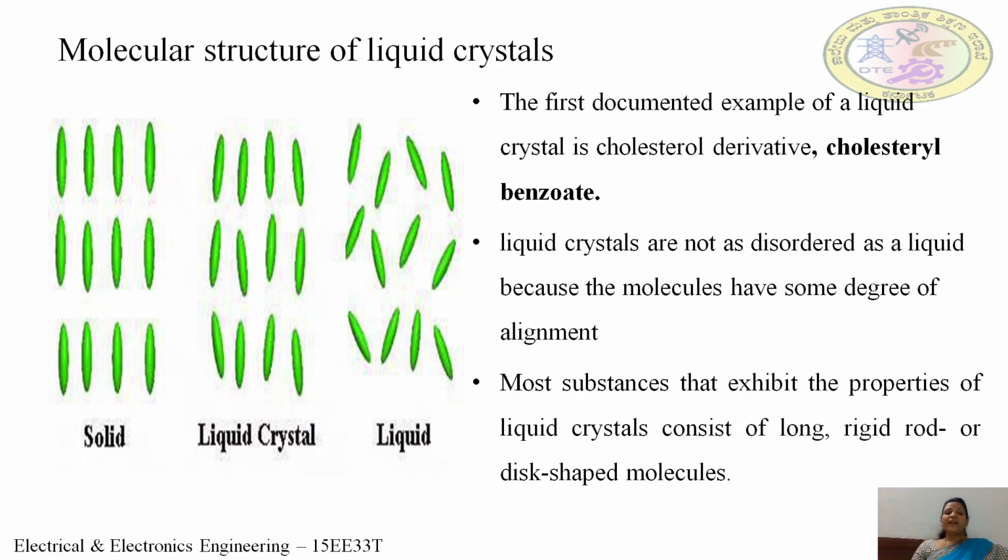Yet they are capable of moving one past the other. So this is the molecular structure of liquid crystals, which plays a very important role in liquid crystal display. Most substances which exhibit liquid crystal properties consist of long, rigid, rod-type or disc-shaped molecules.